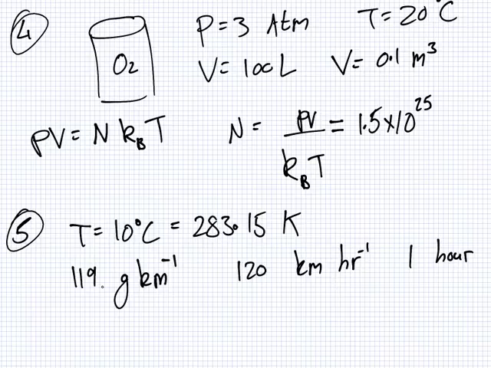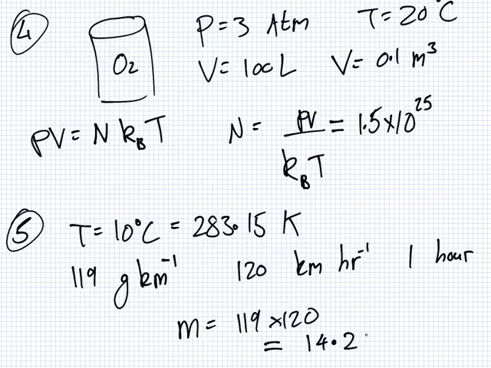And if it's 119 grams for every kilometre, then the total mass would be 119 times 120, which is 14,280. But it's grams. So that's 14.28 kilograms.